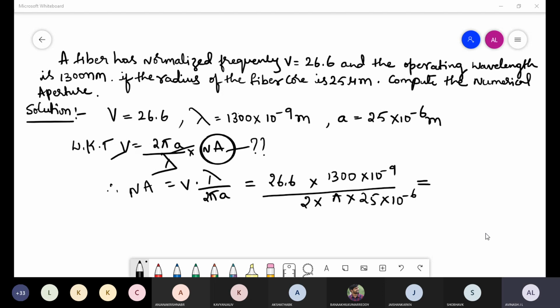Okay, so you will get 0.220, or else 0.22, as the numerical aperture value.